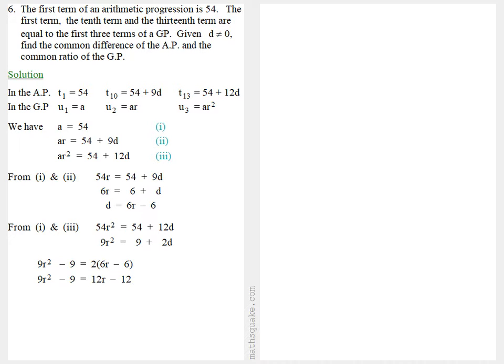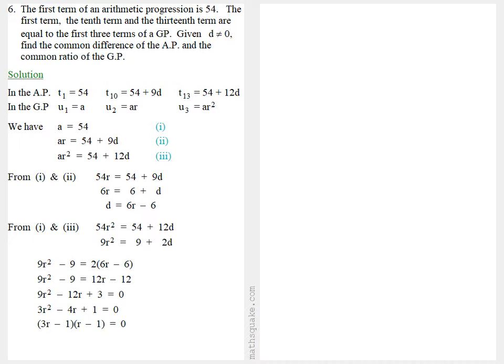In other words, 9r squared minus 9 is 12r minus 12, or 9r squared minus 12r plus 3 equals 0. Now we can divide all the way through by 3, and that gives 3r squared minus 4r plus 1 equals 0.